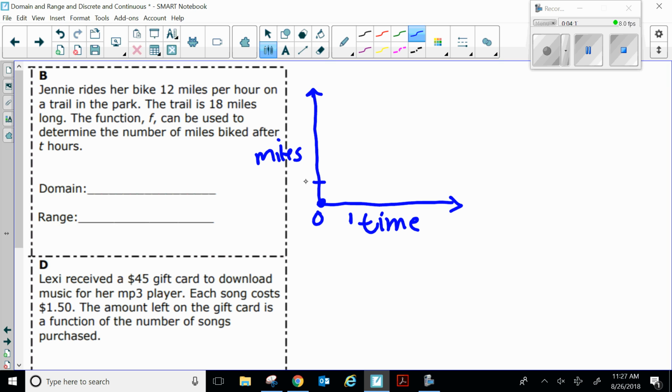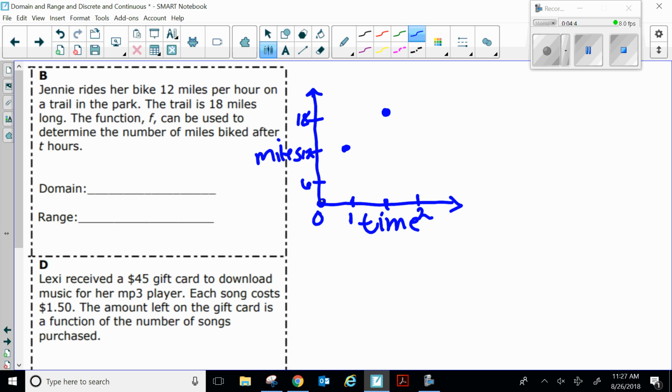So let's just go up. We have 6, 12, 18. So at 1 hour, she's at 12. And at 2 hours, we know that she would actually be at 24, which is actually too much. So we have at an hour and a half, she's going to be at 18.